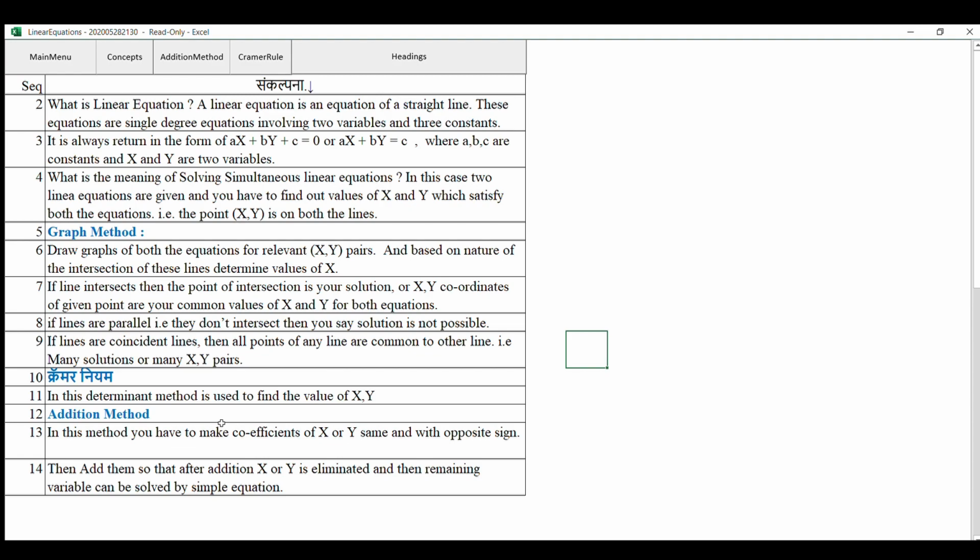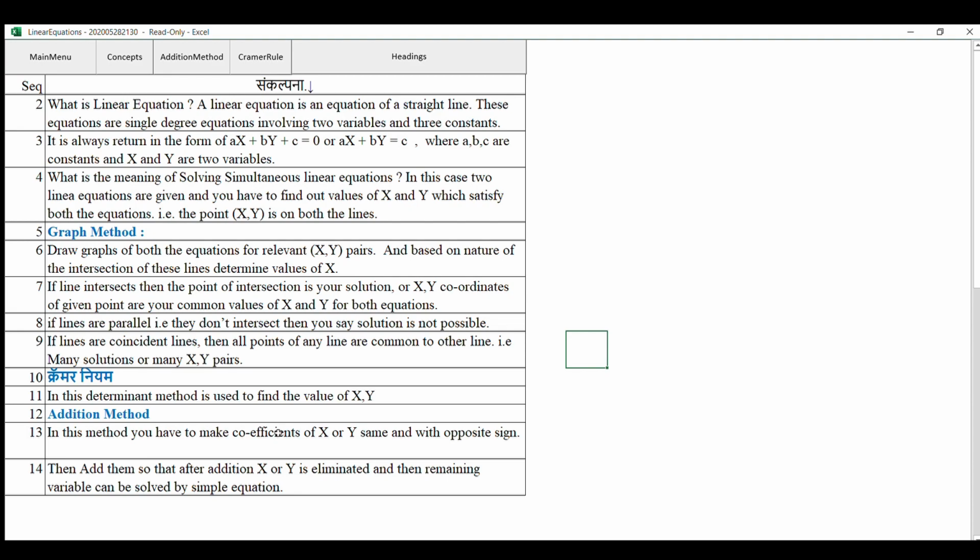The simple trick is that you multiply one of the equations in such a way that after multiplication, the coefficients of either x or y have the same value but opposite signs. Suppose x has a positive coefficient in one equation and the same value with a negative sign in the second equation. Then when you add the two equations, x gets automatically eliminated.